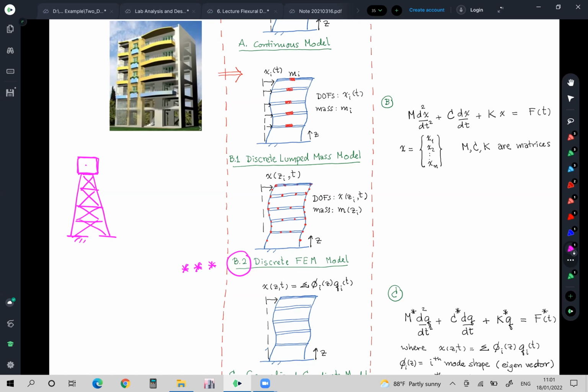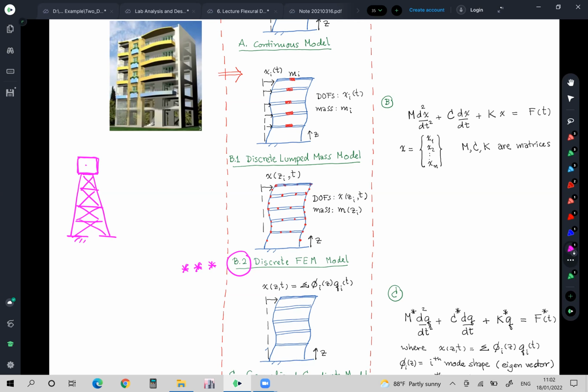That's why we use a single degree of freedom system to recheck the solution, to at least consider the order of the movement, the order of the base shear force and the moment, whether it makes sense or is so large that it is nonsense, impossible. We use a single degree of freedom system to do that for you.